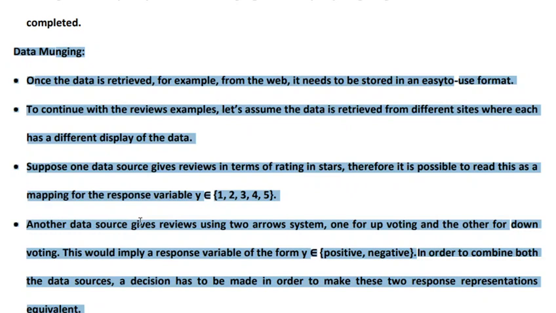So I need to give the ratings of different hotels, but as I've said, ratings of hotels may be provided in different formats. In order to maintain uniformity, we may adopt any one of the mechanisms for rating hotels. So everything has to be converted in terms of 5 stars, or everything in terms of 1 to 5, or everything in terms of yes or no, or in the form of questions, and so on and so forth.